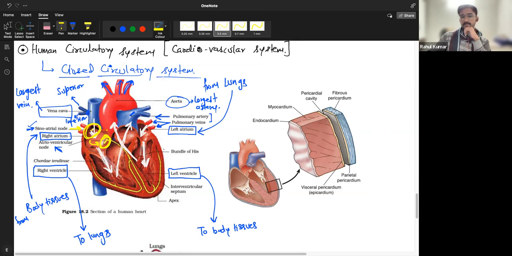In between is the septum. This region here is the septum, cardiac septum. It divides the left heart from the right heart. And this yellow thing that you are seeing is called bundle of His.